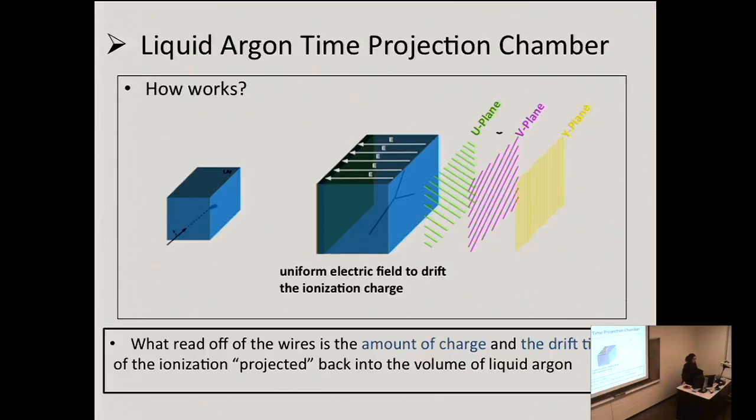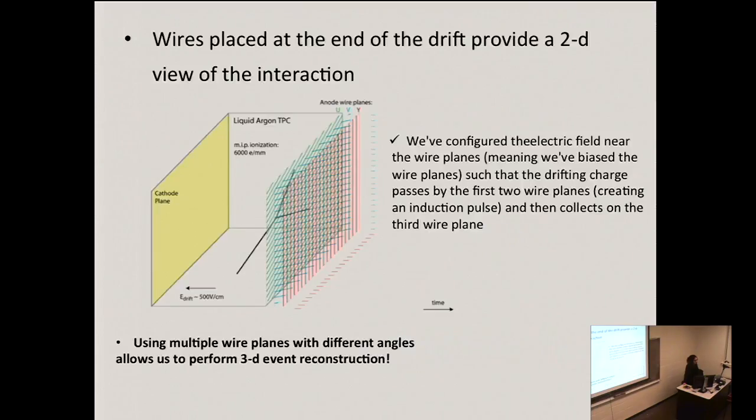So we can say something about the topology that we see in the wires. For example, imagine, I'll show you the event display. The event display is the number of wires against time.